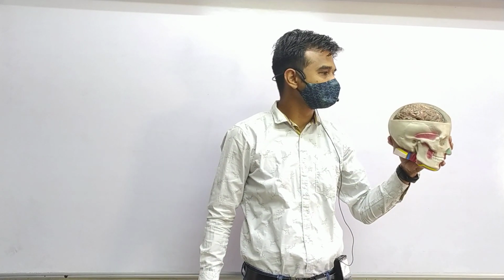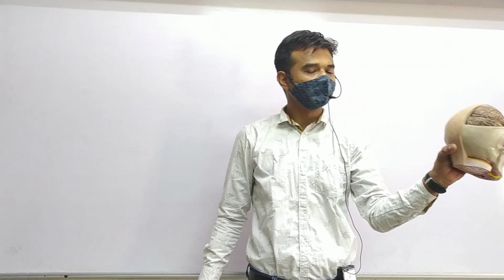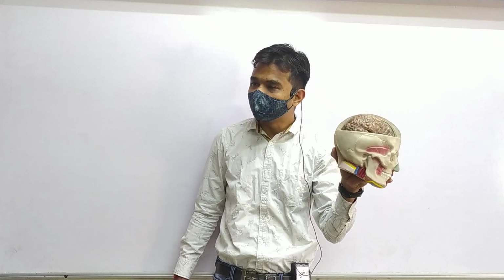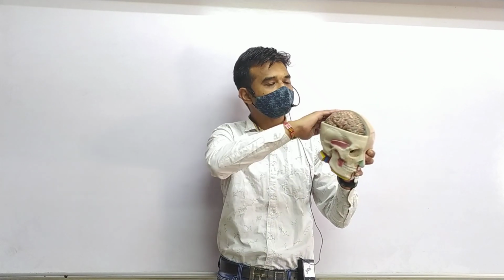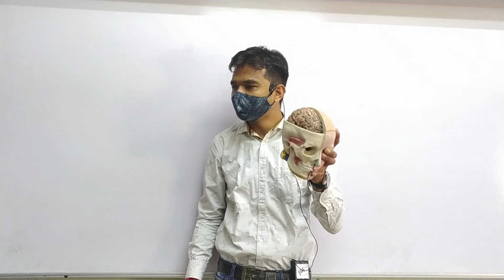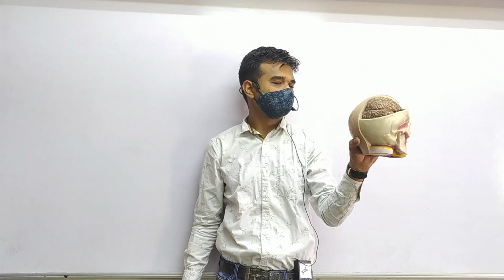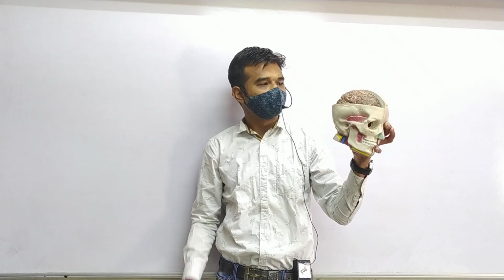For each and every lobe in the brain, the skull has that type of curvature, that type of shape. In this way the whole brain is protected.